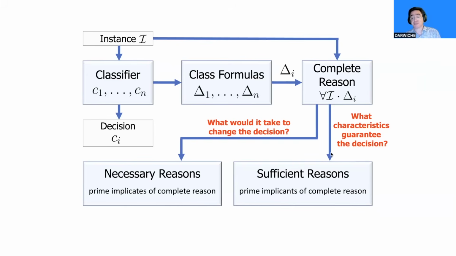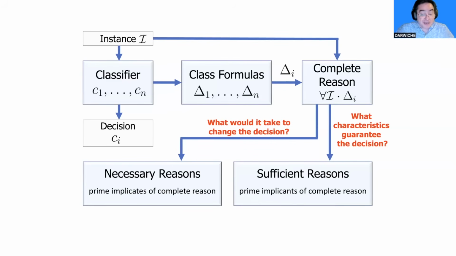And once you have it, its prime implicants will tell you what minimal subsets of it guarantee the decision, and its prime implicates tell you what are minimal ways to change the instance so that I undermine the decision.